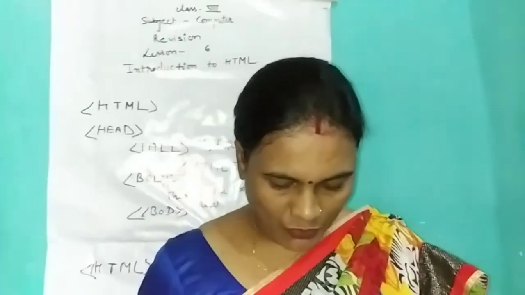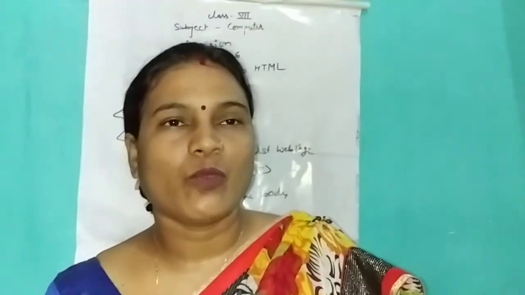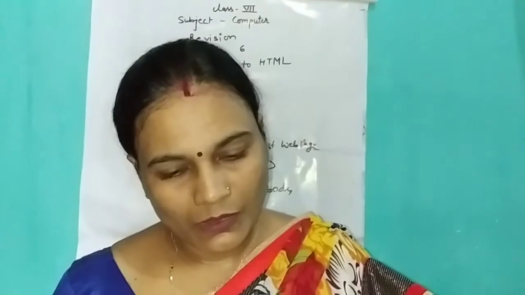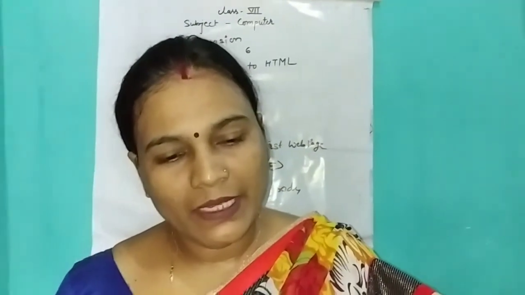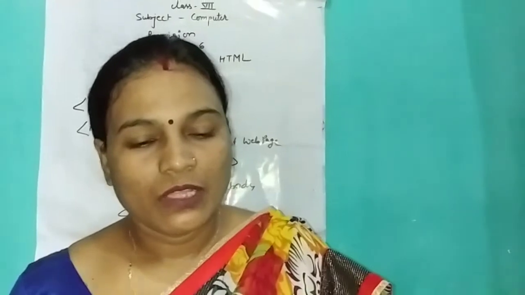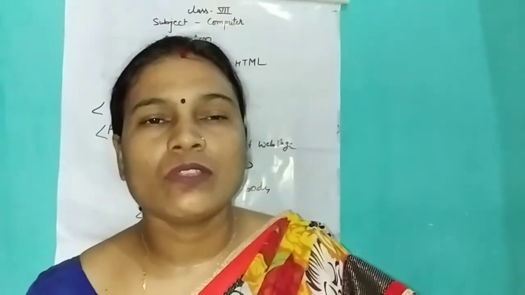Text: if you want to give any text, then you just write body text equals to any text, like EduSoft or any content to display in the background. Okay, so body text equals to double quotes, text, whatever you want.